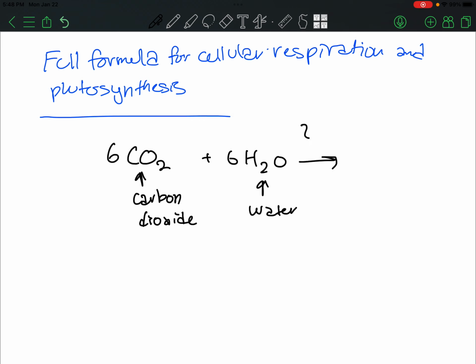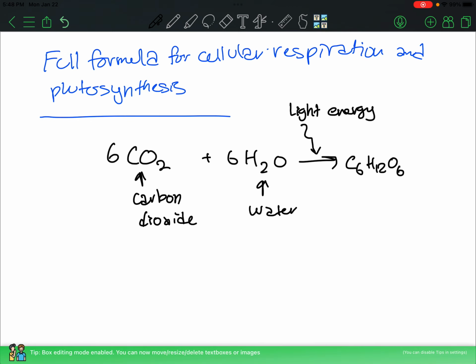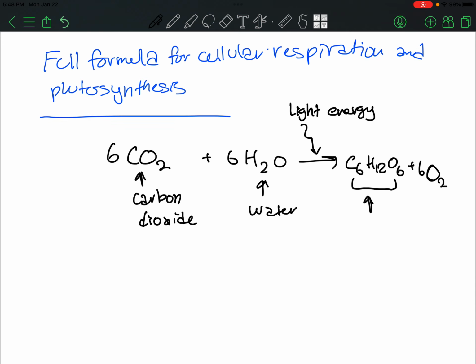With light energy, creates C6H12O6 plus 6O2. This in itself is glucose, and this in itself is oxygen.